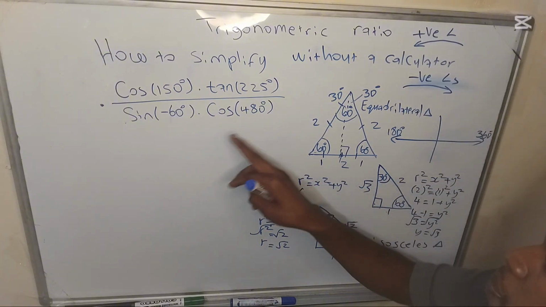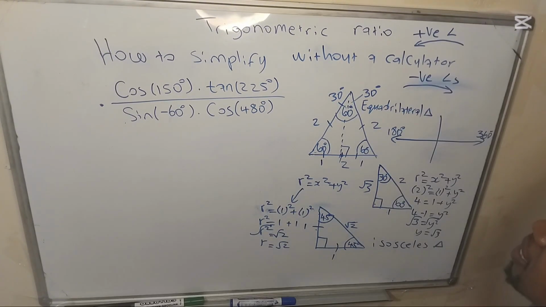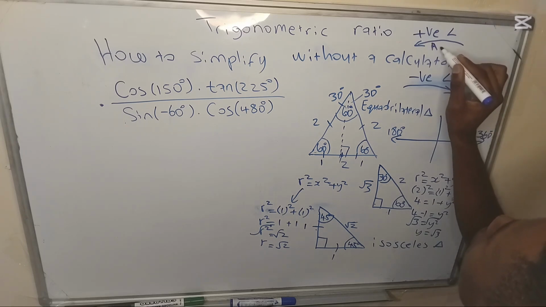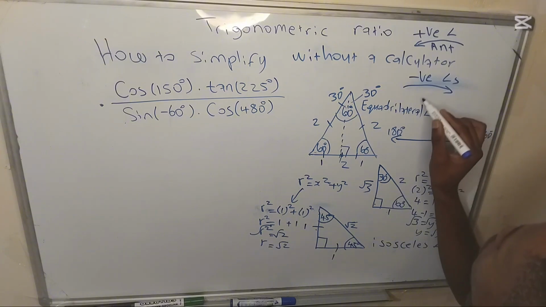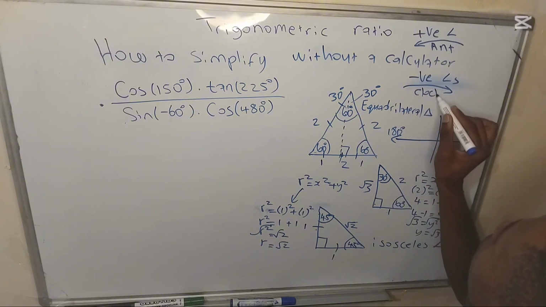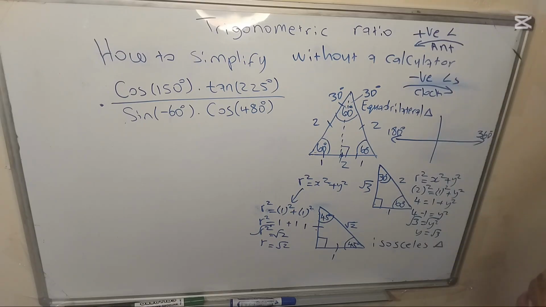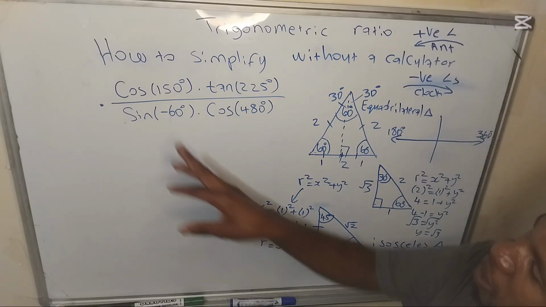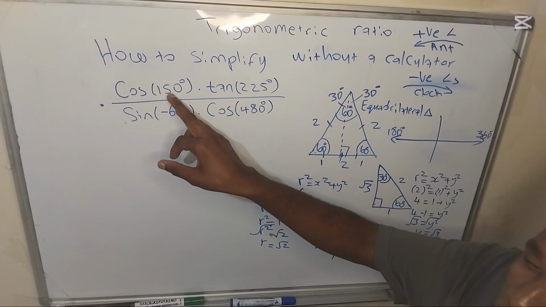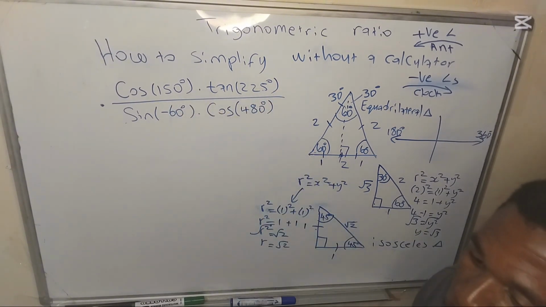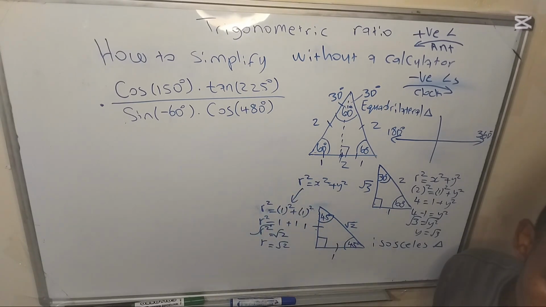This one is clockwise, but this one is anti-clockwise. Even this angle will move anti-clockwise, including 1, 2, 3, but this one will move clockwise, right? Okay, let's proceed.